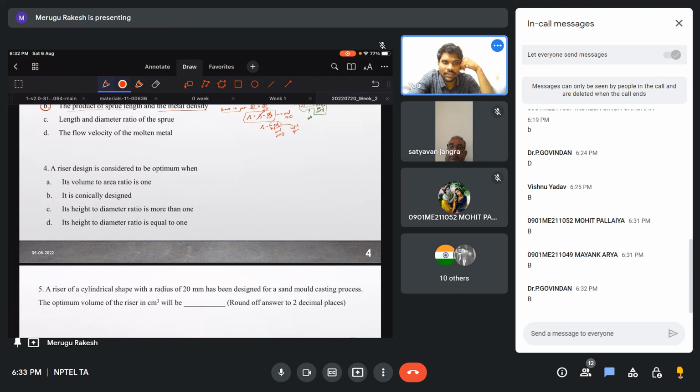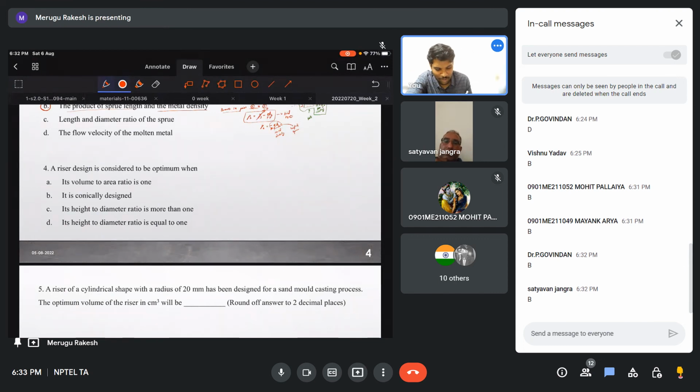Again, it's conically designed. There are so many people thinking that it's conically designed. So let me say this option B is wrong. Now think which option would be the correct one.